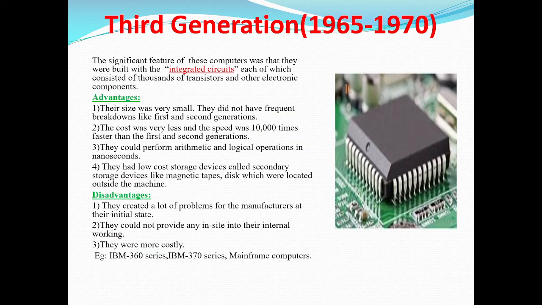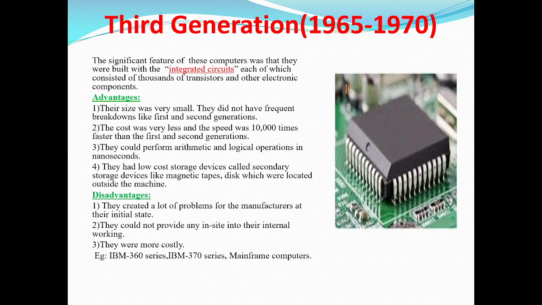When you look at the advantages, size was very small and they did not have frequent breakdowns as happened in the first and second generation computers. Cost was very low, and speed was 10,000 times faster than the first and second generation computers, and these computers could perform arithmetic operations and logical operations in nanoseconds.